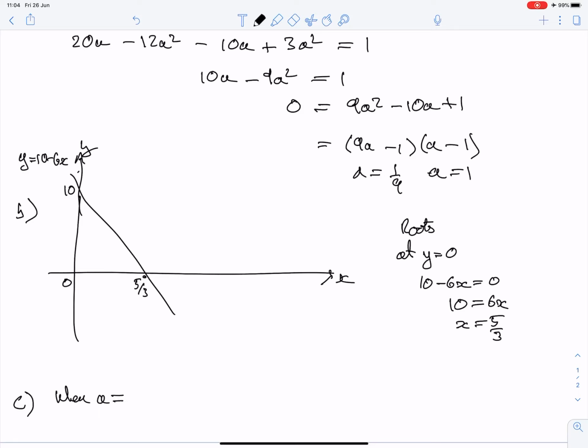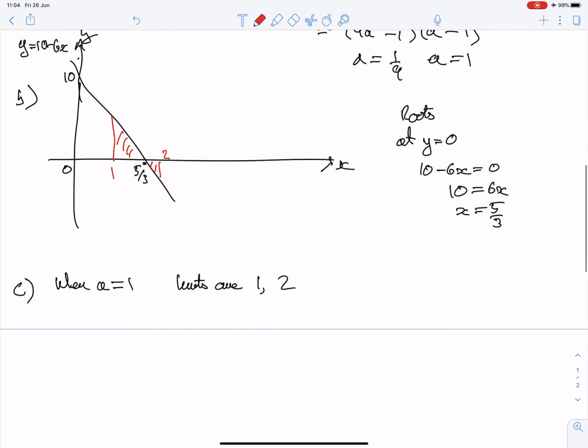when A equals 1, the limits are 1 and 2, A and 2A. So I'm then looking at this section of the graph, 1 up to 2. So this section is going to be positive and this section is negative.